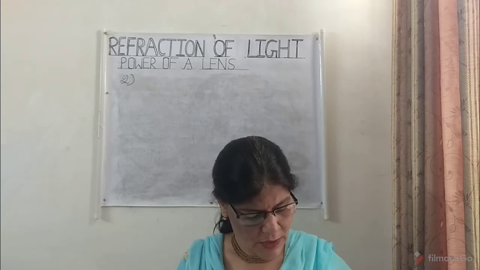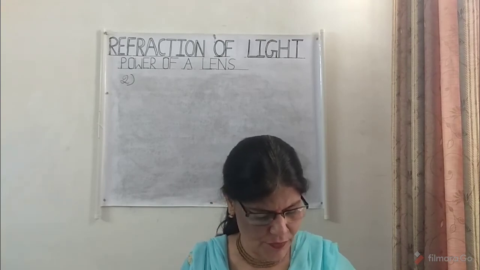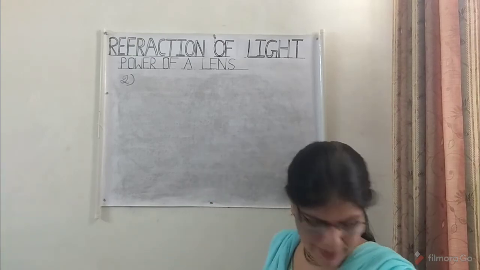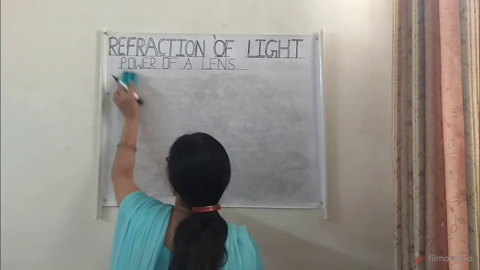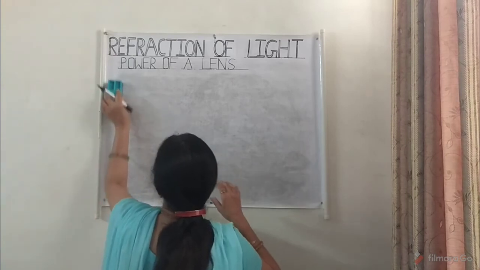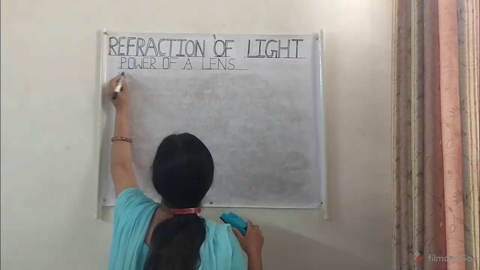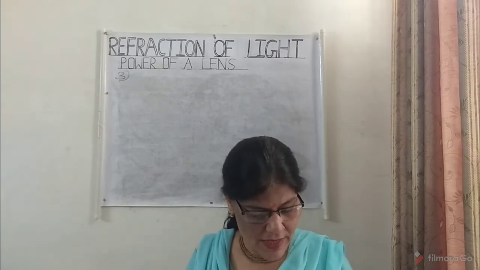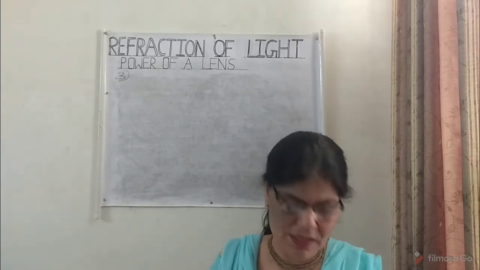Next numerical is from page number 184, in-text question number 3. In this question, find the power of a concave lens of focal length 2 meter.